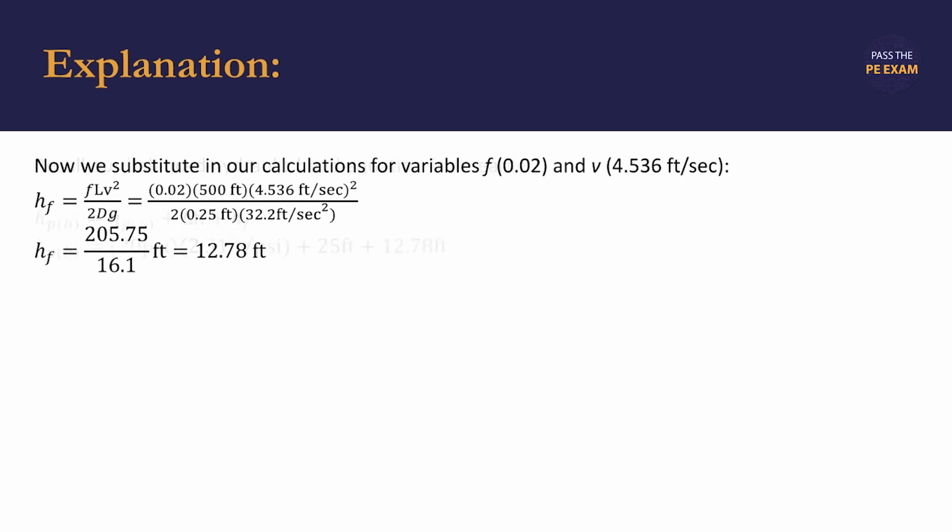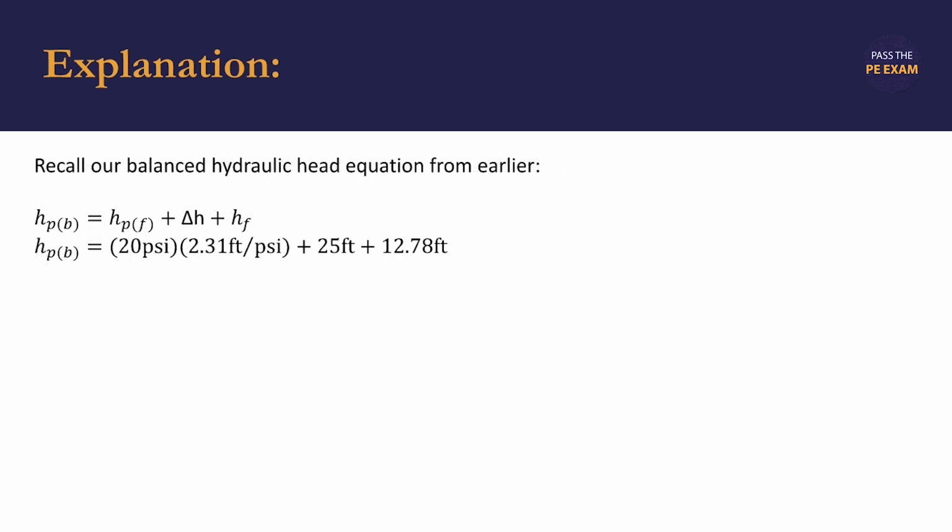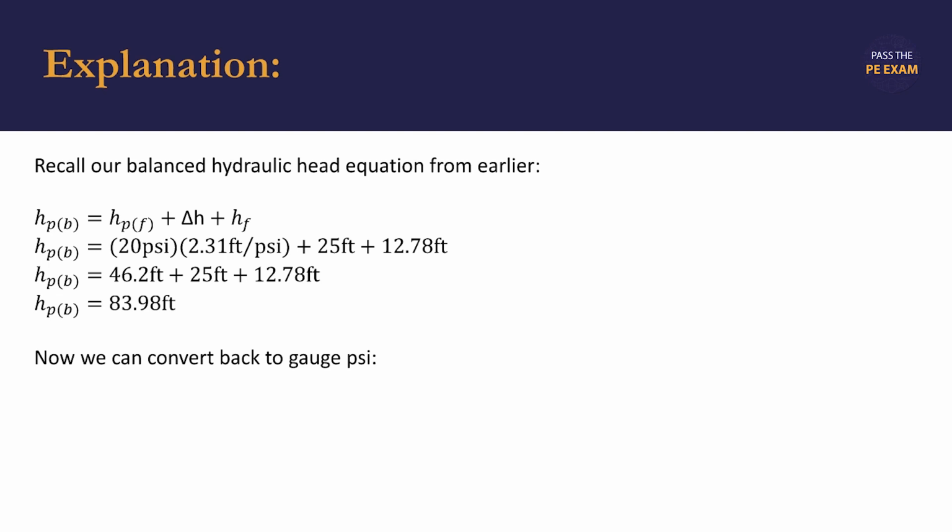This was the final unknown in our balanced hydraulic head equation that we first started with. So now we can substitute in our 12.78 feet. We simplify and we find that the head at the basin needs to be 83.98 feet. We still have a couple steps though. We need to convert back to PSI to correspond to the gauge PSI listed in the potential answers.